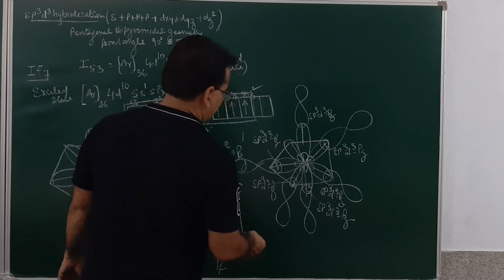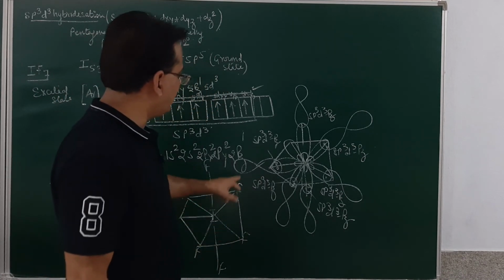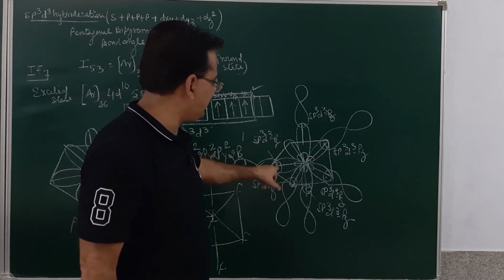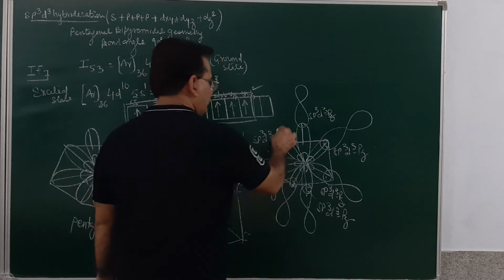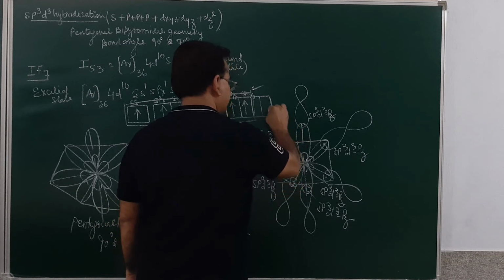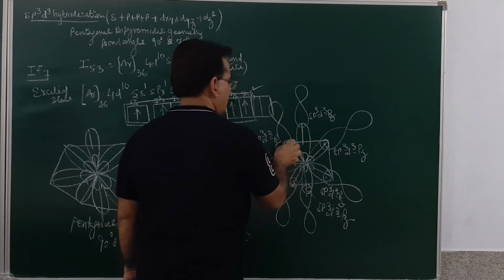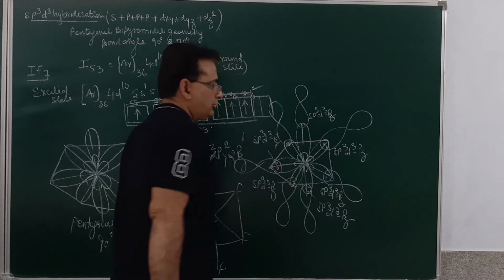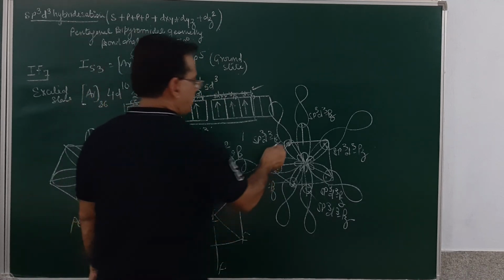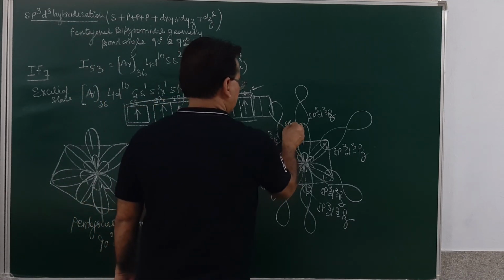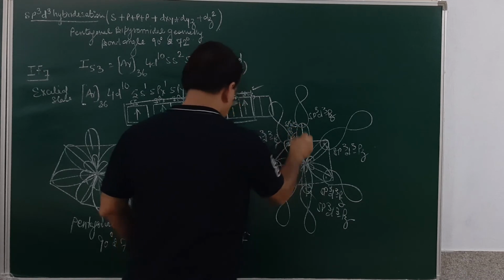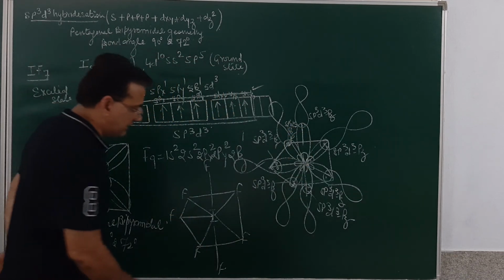So this is how it will be formed. You may see over here, this is sp3d3-pz and this was also sp3d3-pz. Is it clear, student? So this is how this bond formation takes place.